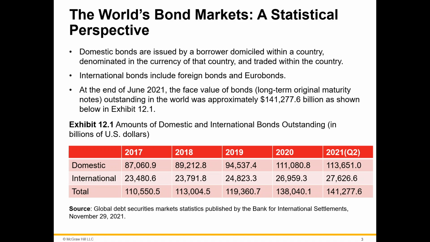In the U.S., we don't have a ton of need for this relative to the size of our domestic bond market. But you can imagine if you're a company operating in, say, the UK, there's a really good chance that a lot of your revenue is in euros or in US dollars.